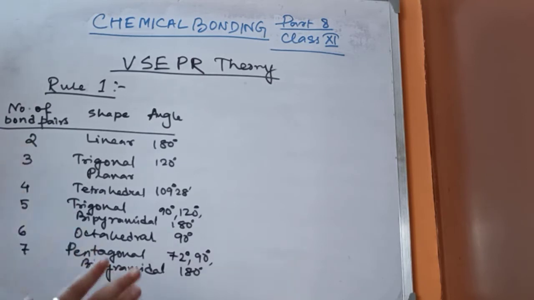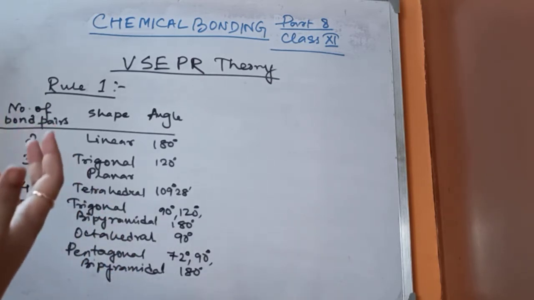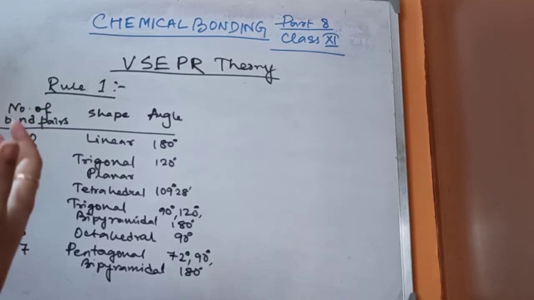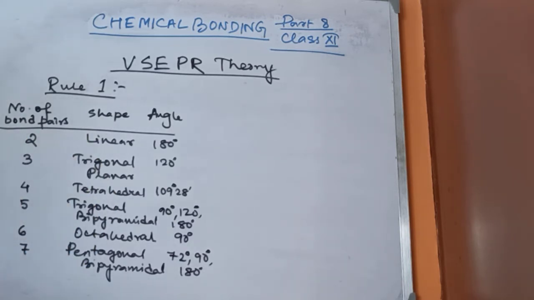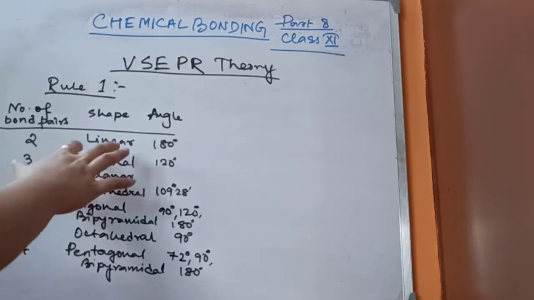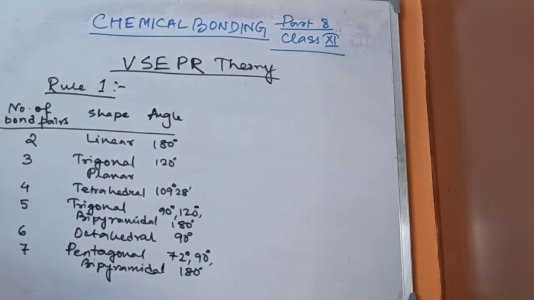But remember always that the bond pairs are generally formed by the valence shell electrons of the central atom as well as the valence shell electron of the atoms bonded to the central atom. So the first rule states that the electron pairs which are present in the valence shell are responsible for the shapes of the covalent compounds.